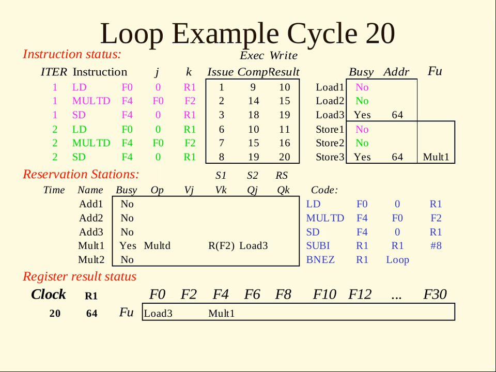Also, we never really write to F0, so to speak. We just keep it floating with our renaming. Obviously it's going to be rewritten to the register file at some point, but it's never used down here because these are always coming from some other functional unit.